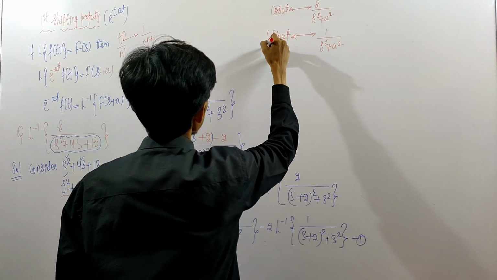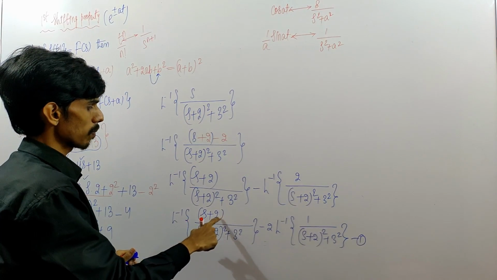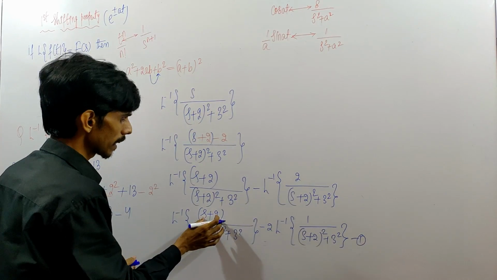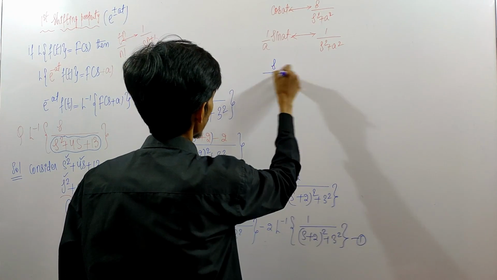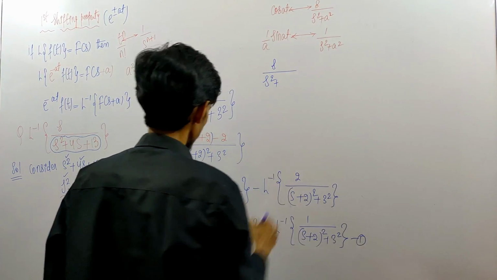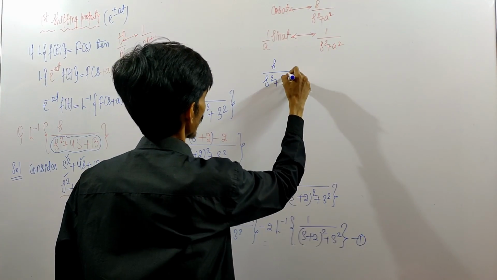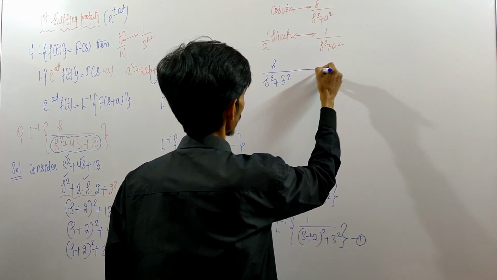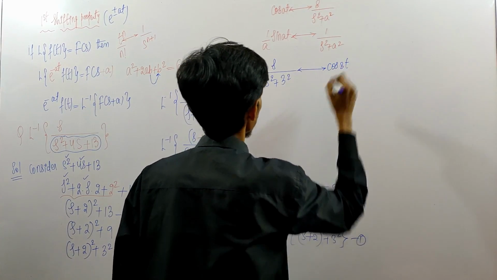That a can be written as here. Now here we have (s plus 2) by (s plus 2) whole square plus 3 square. So we can think of s plus 2 as s. So this will become s divided by s square plus 3 square, treating this s plus 2 as s only. Its transform will be cos 3t.